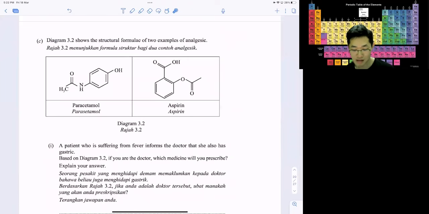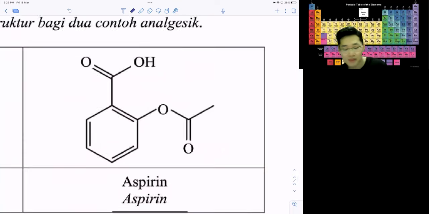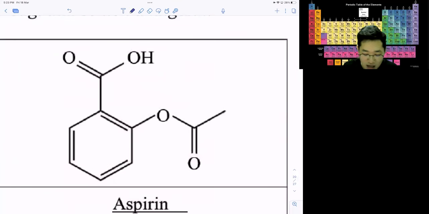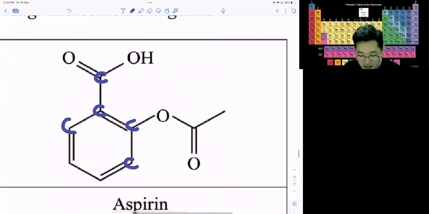Then what is this? Paracetamol, aspirin. By the way, I teach you how to read this diagram. All these things are called H. All this H of the hexagon is actually carbon. So this thing is actually C double bond O, single bond OH.